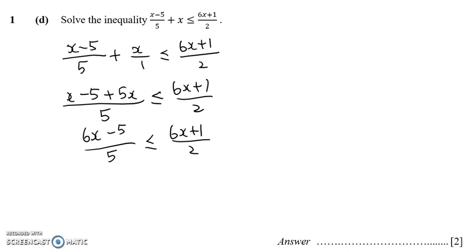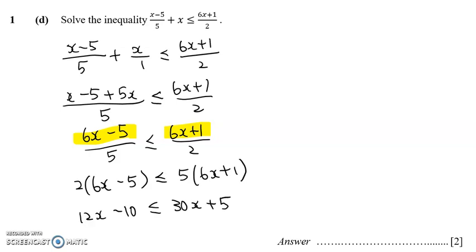But we have to be very careful that the numerator stays where it is. So the two numerators will stay on the respective side of the inequality while we multiply the denominators over.